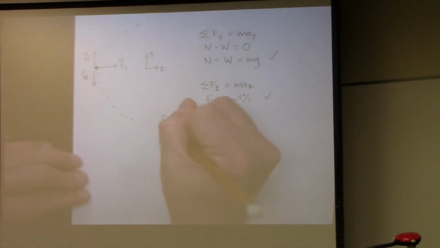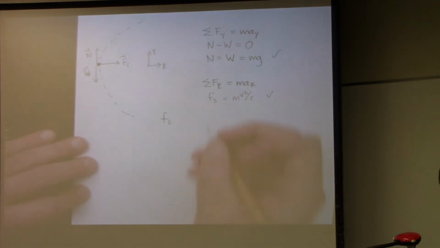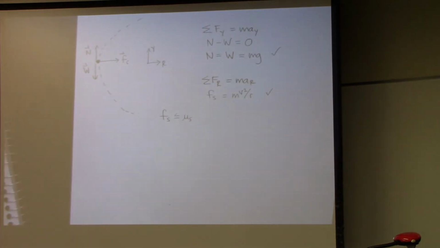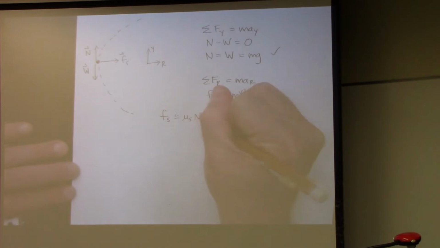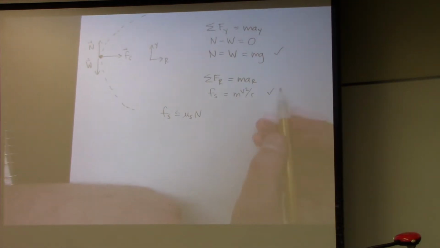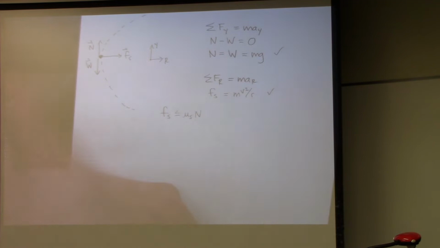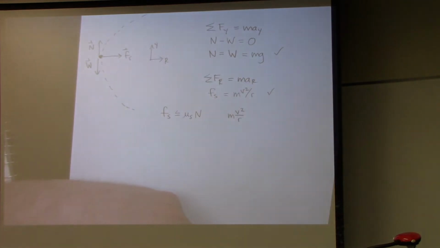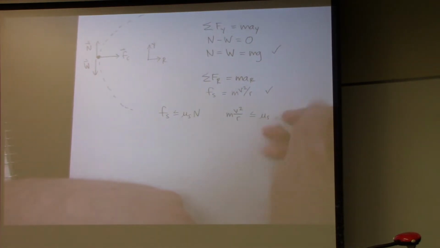But since we're dealing with static friction, we should bring in the inequality, which says static friction is not just some constant force. It's always less than or equal to μs times N. So we plug in what we found earlier: static friction, mv squared over r, is less than or equal to μs times the normal force, which is m times g.